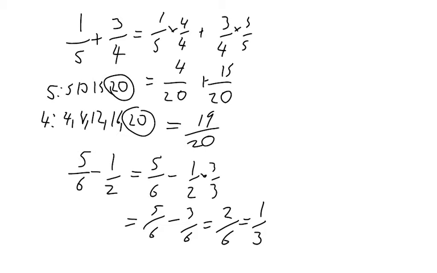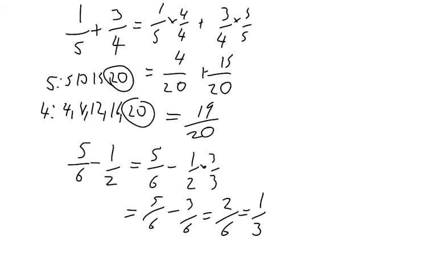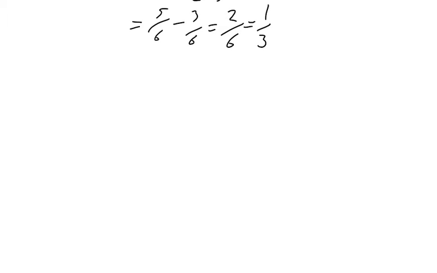Now, this is very different to multiplying fractions. As you can see here, we have to make the denominators the same. So if I do a multiplication one, for example, if I have 4/5 times by 5/6 times by 2/4, well, what we do is we just multiply straight across.